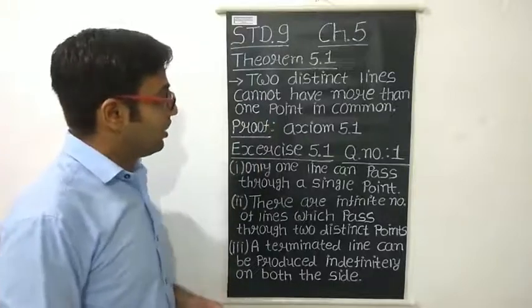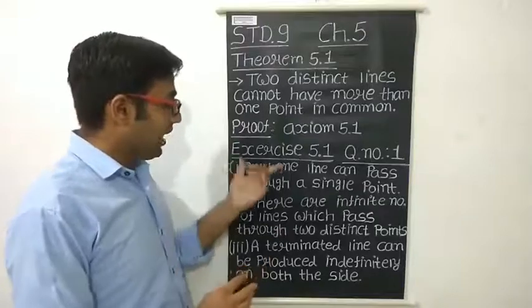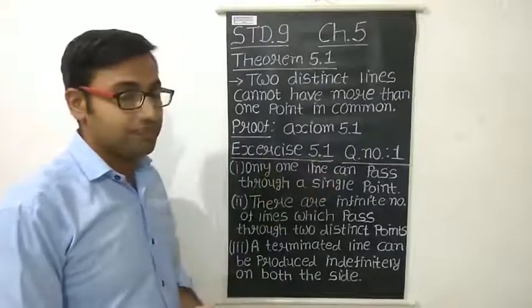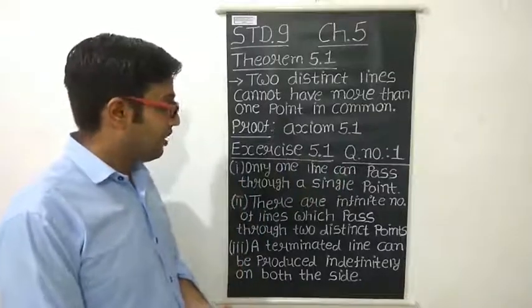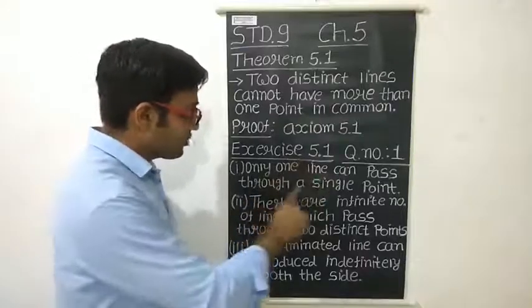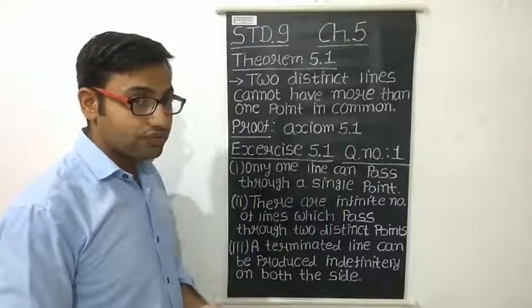Okay. So let us now study some exercise sums. Exercise 5.1, question number 1. Some true false questions are given. The first statement is: only one line can pass through a single point. Is this right or wrong?